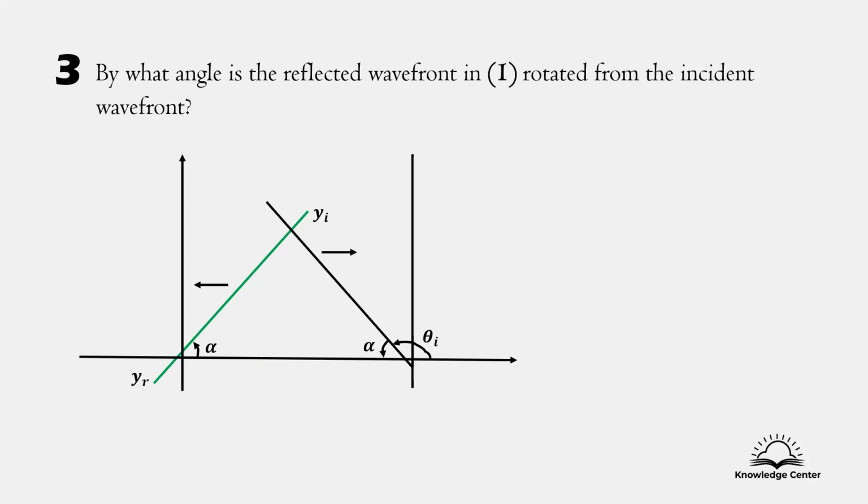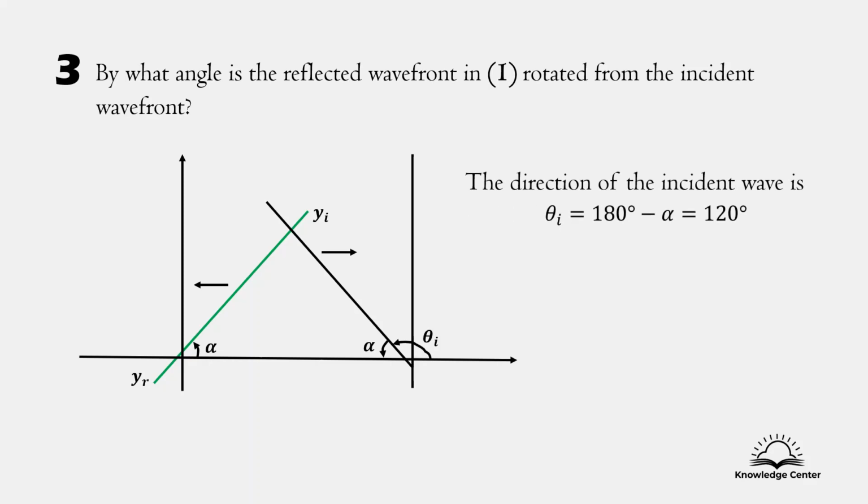Now the incident wave makes an angle alpha to the horizontal, but its direction theta I from the horizontal is given by 180 degrees minus alpha. And so the direction of the incident wave is 120 degrees from the horizontal.